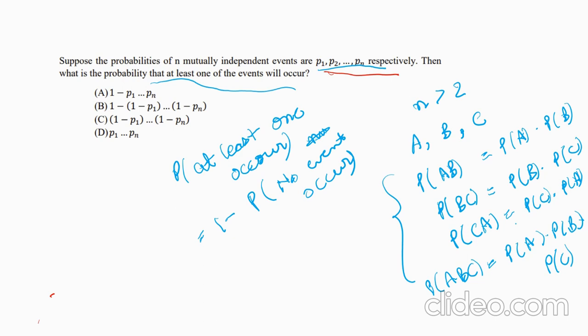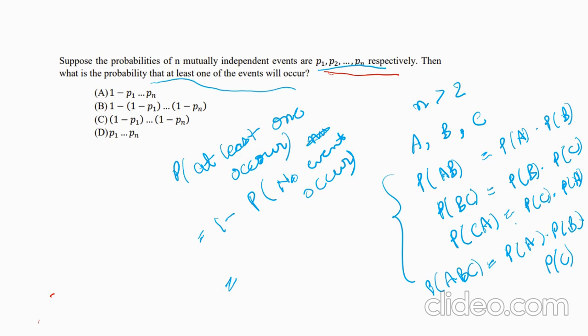Because if we subtract the probability that no event occurs from 1, that means one event occurs, two events occur, up to n events occur. So we can write at least one as 1 minus no event occurs. Now no event occurs means A1 does not occur, A2 does not occur, up to An does not occur.